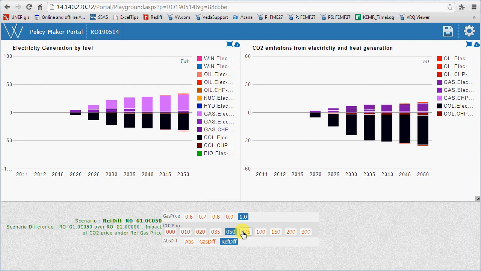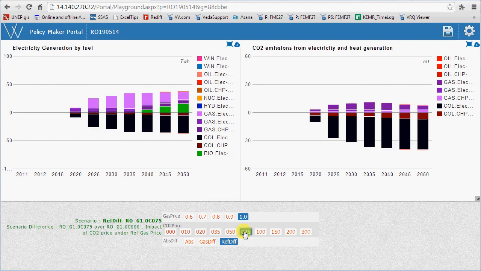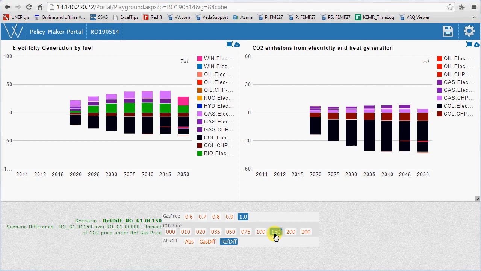50 again. Now at 75 you see biomass coming in, and at 100 you see biomass coming earlier, and 150 you see offshore wind, and so on. So you see now precisely what is going out and what is replacing it.